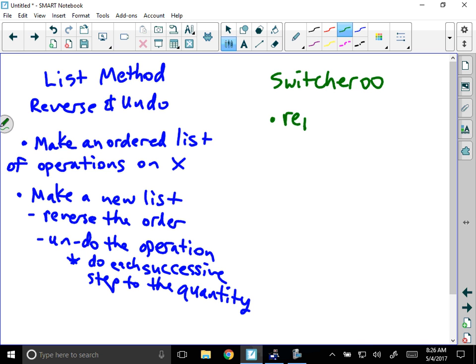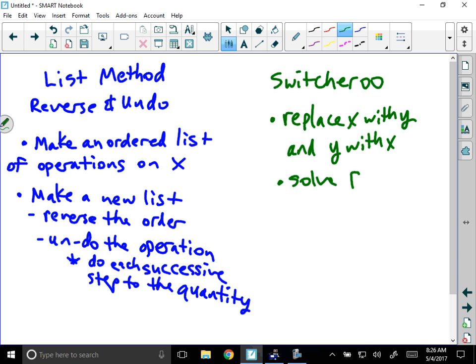So we replace x with y, and y with x. And then we merely solve for y. This is so cool. You're going to love this.